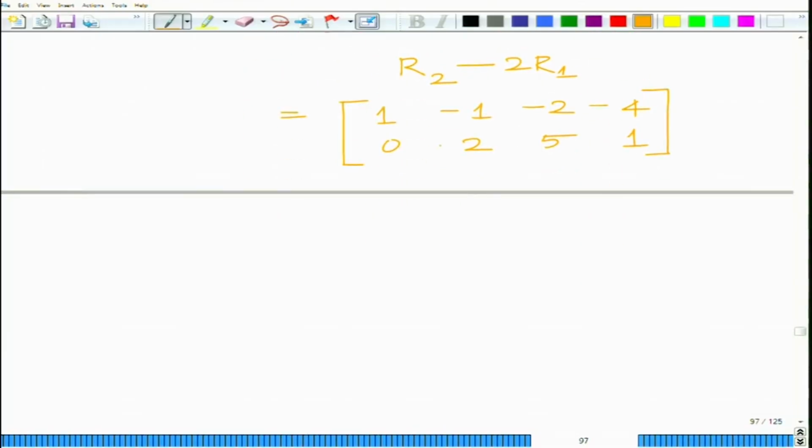And now, this is the equivalent matrix after row operations, and what you can show is that finding the null space of this matrix is equivalent to finding the null space of this row reduced matrix.